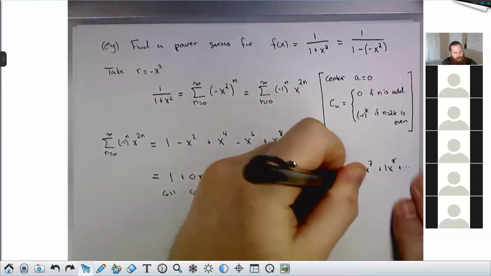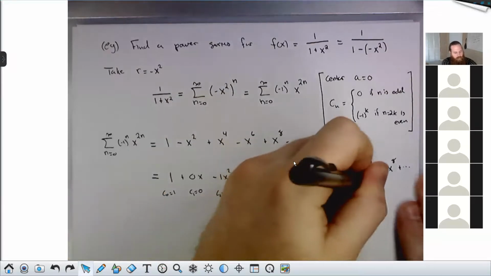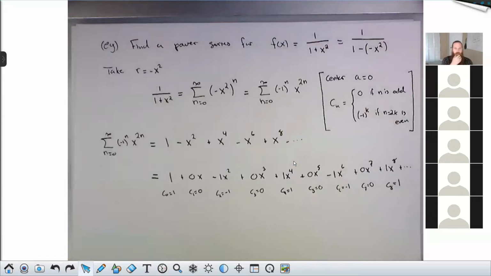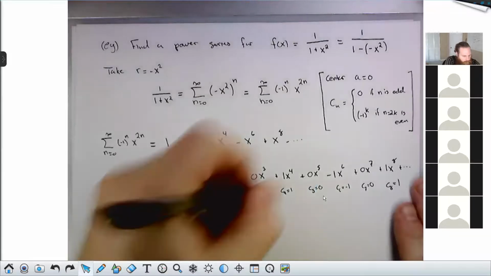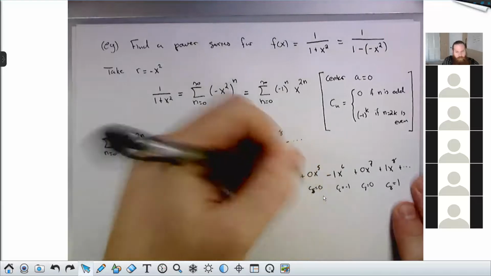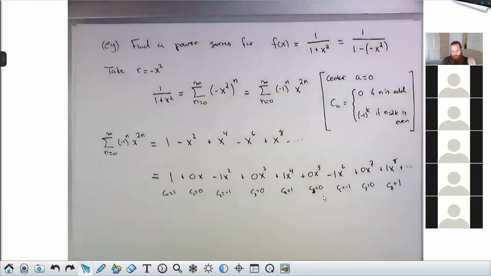C6 is negative 1. C7 is 0. And C8 is positive 1. So all of the odds, C1, C3, C5, those are all 0. All the odds are 0.